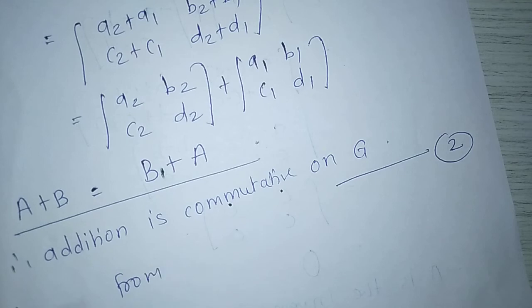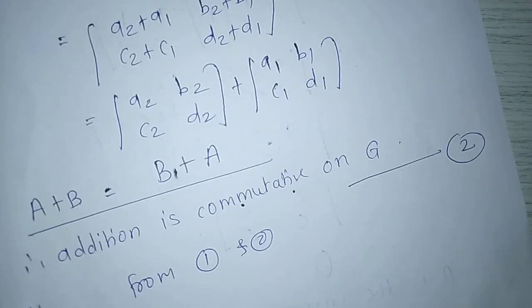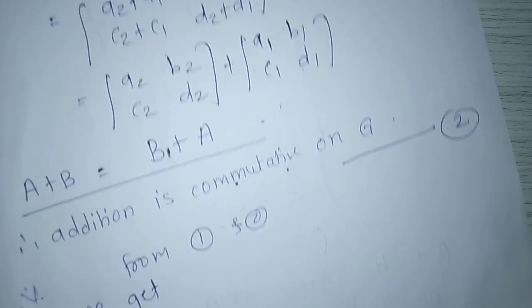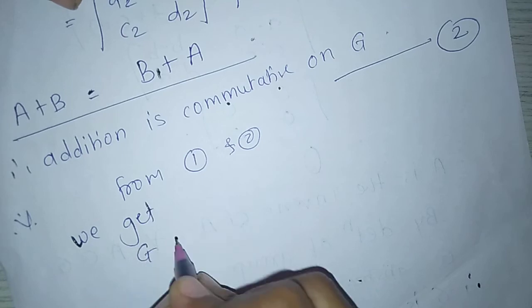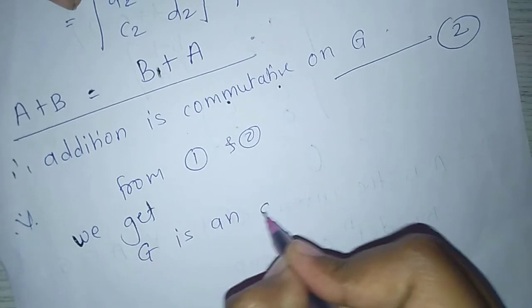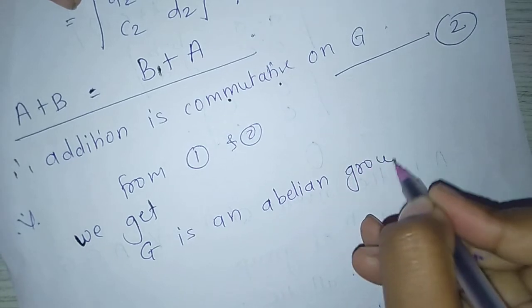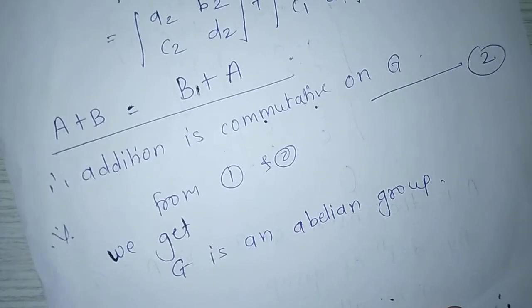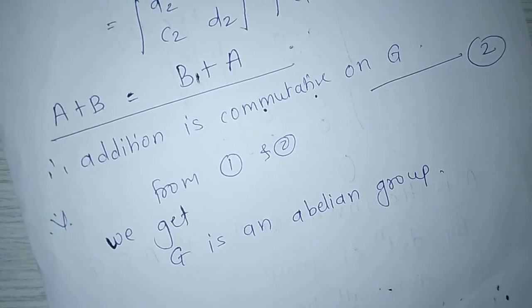From 1 and 2 we get G is an abelian group. Now, next example.